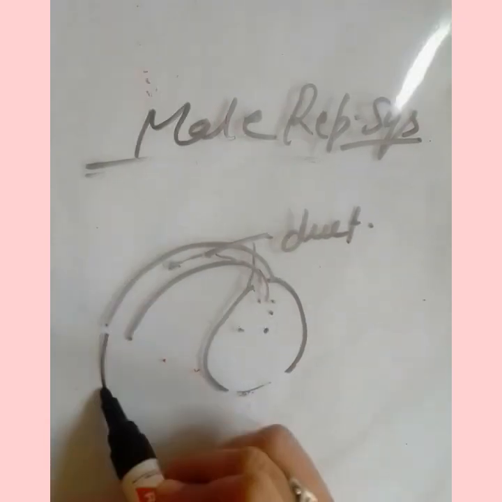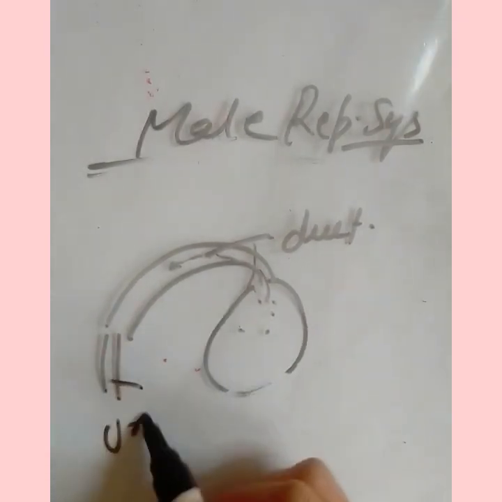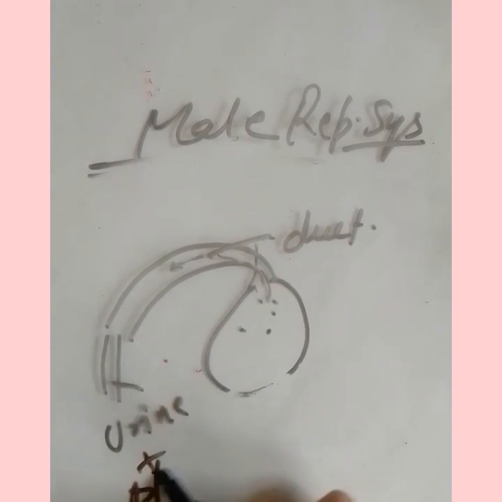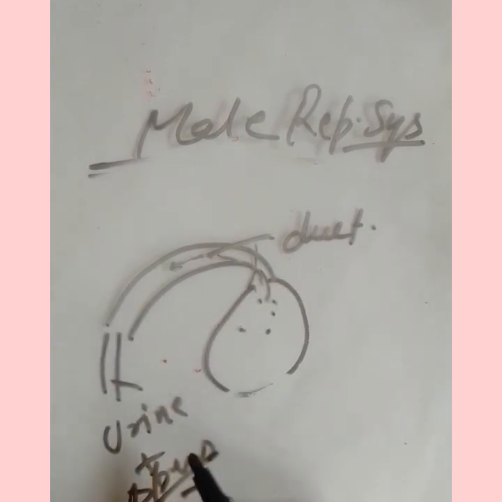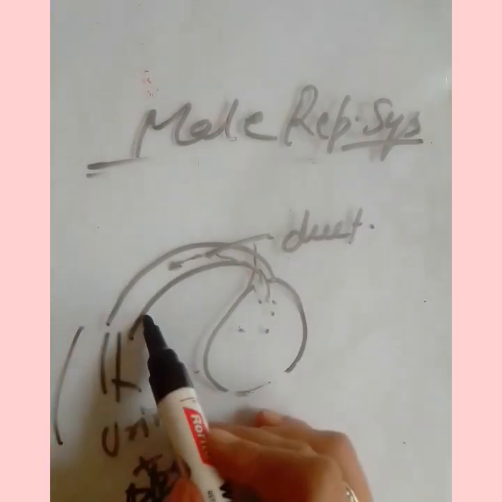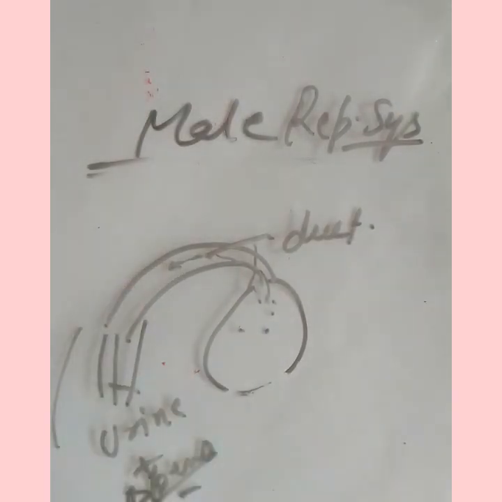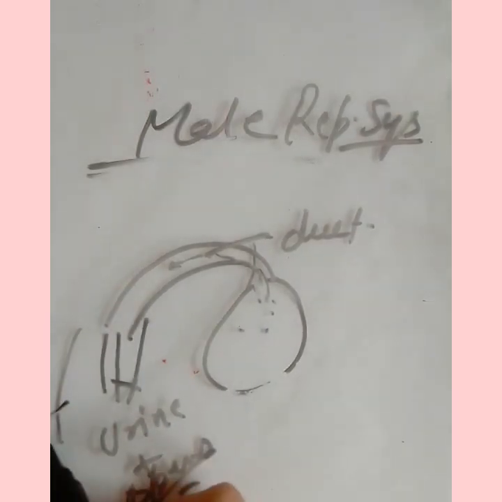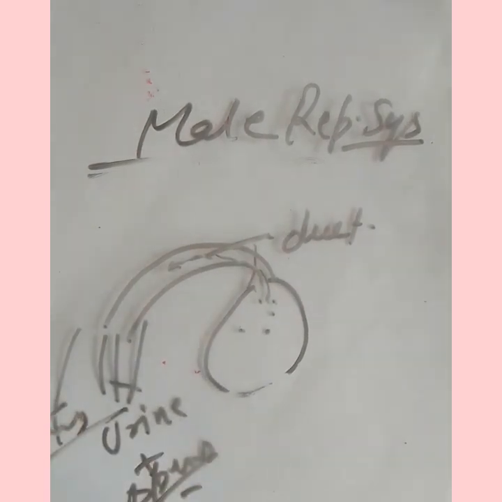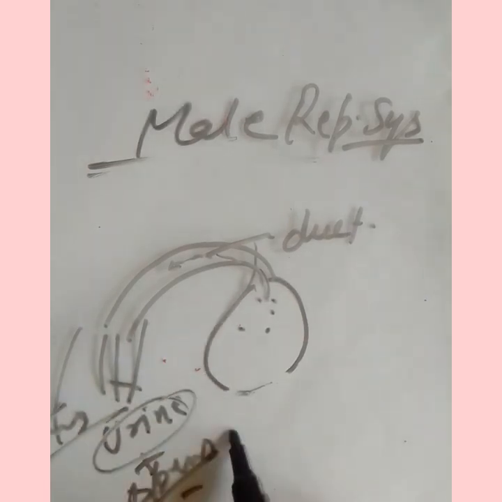Urethra, I told you, is the common passage for the urine as well as for the sperms. And this is surrounded by muscular tissue, or we can say the external genitalia, that is called the penis. Now the penis conducts both the urine as well as the semen. Both urine and the sperms.